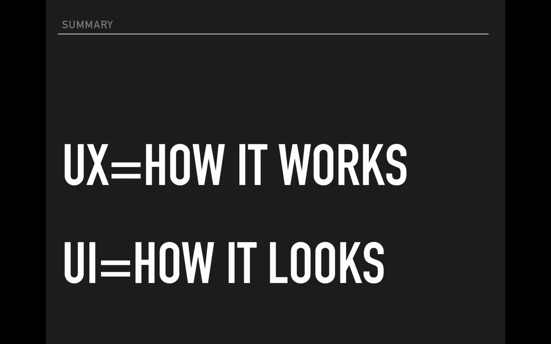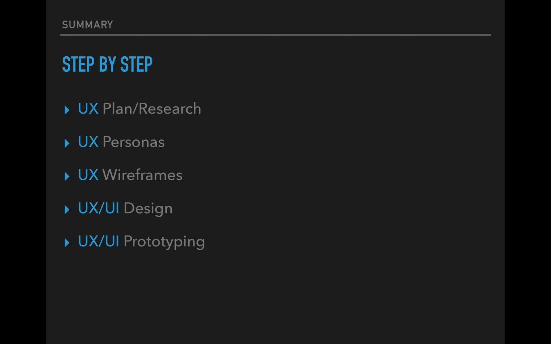So if we break that down step by step, in the UX phase, we plan and research. In the UX stage, we build personas, and we also work on our wireframes. And then in the UX, UI, both phases, we combine both of those when we work on design.